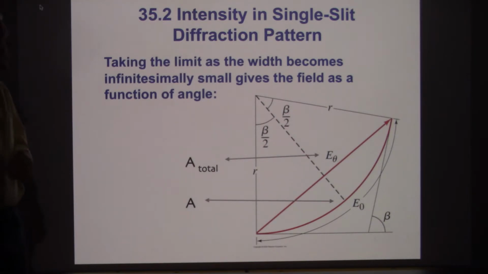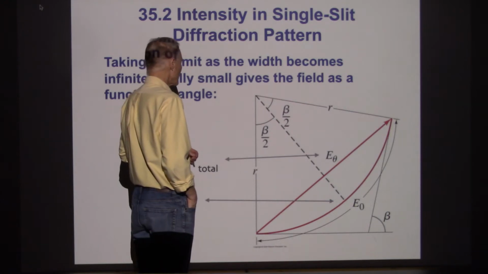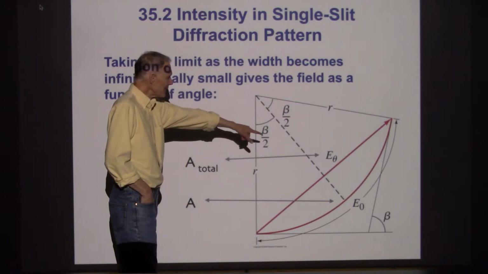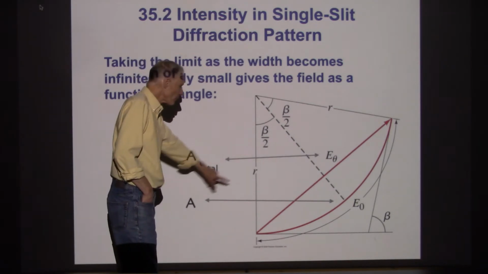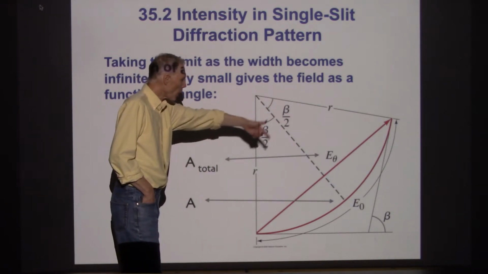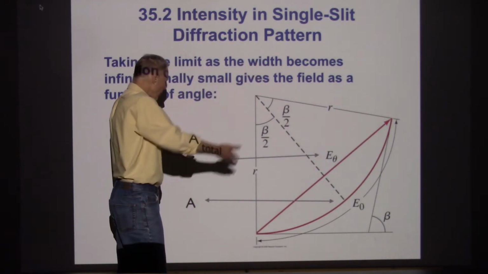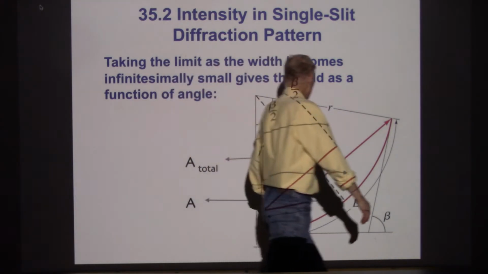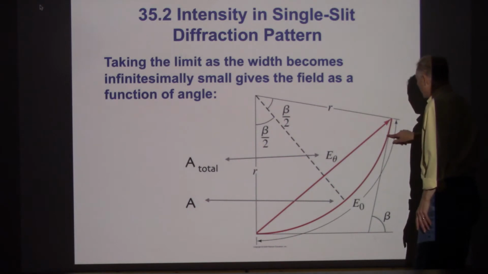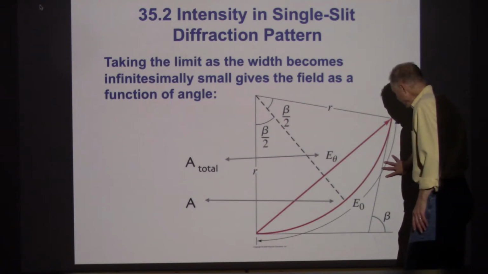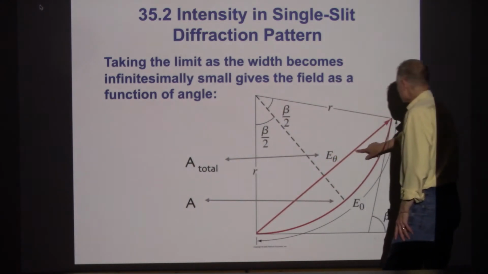Now here's a diagram where we can actually go in and derive our intensity formula. What they're calling E sub theta, I'm going to call A total or A net, and what they're calling E0, the combined length of all the dAs, I'm going to call A. This is the combination of all the individual paths, and because of their phase differences, the net effect is that we'll get some cancellation.